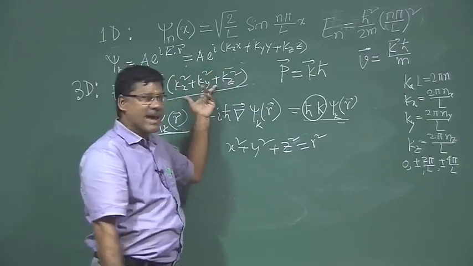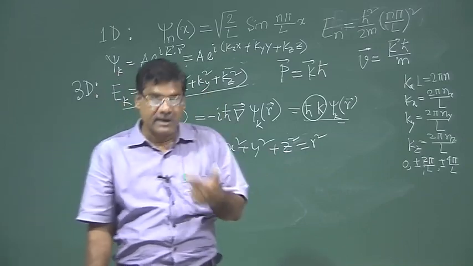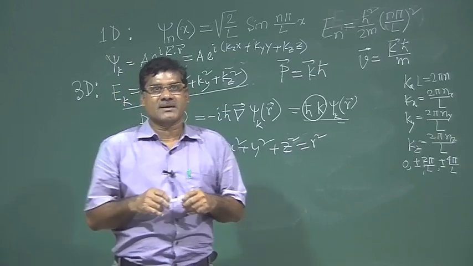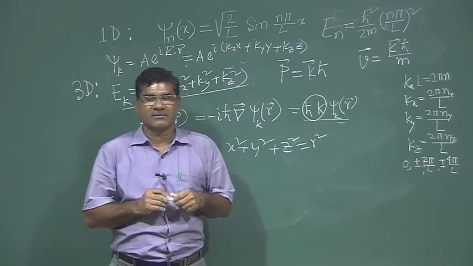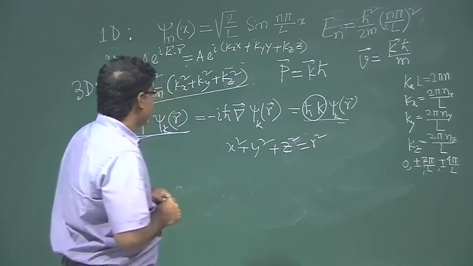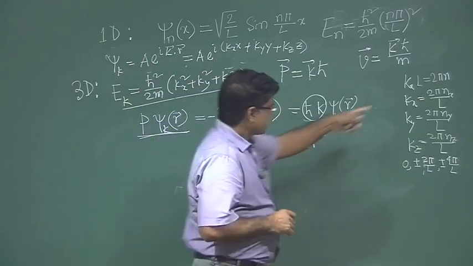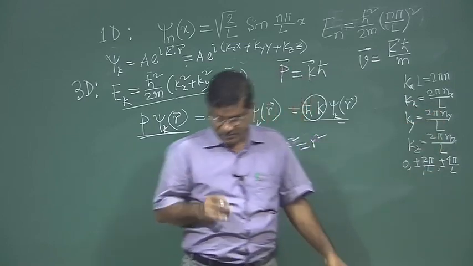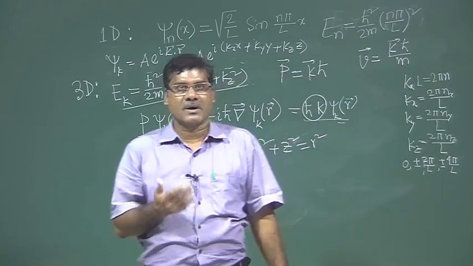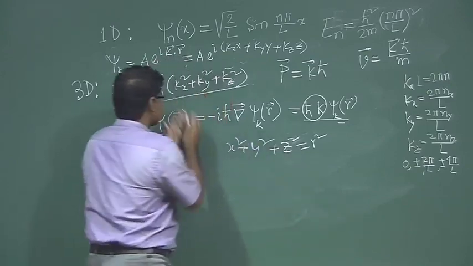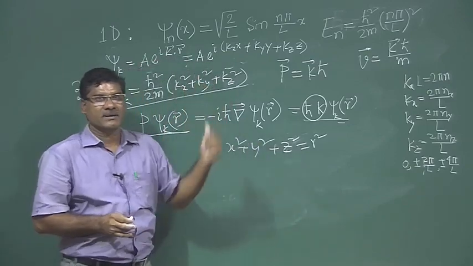This is in K space, momentum space, Fourier space, the reciprocal space in the case of a crystal. It is the reciprocal of length, so it is equivalent to reciprocal space, K space. In K space it will represent a sphere.